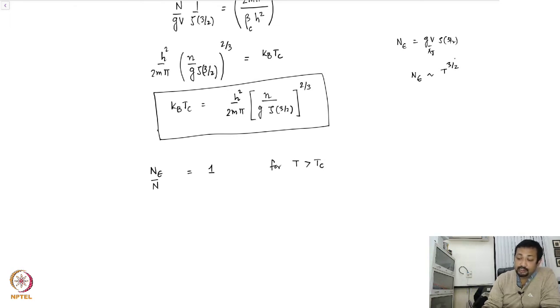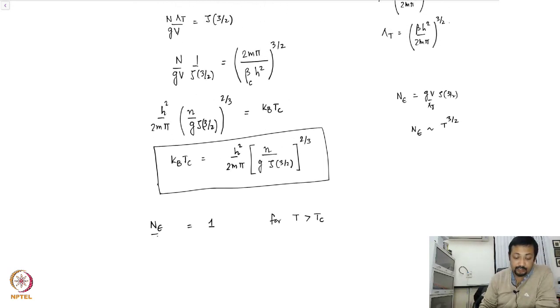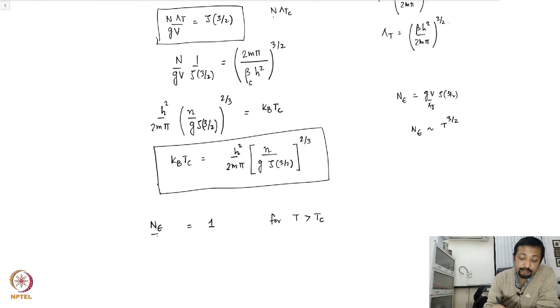And you clearly see that from this condition that we had, that this gives me the temperature at which the condensate starts to appear. So I can write down lambda Tc Gv is equal to zeta 3/2, so that lambda Tc is equal to Gv over n zeta 3/2.